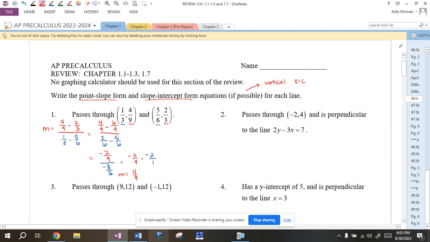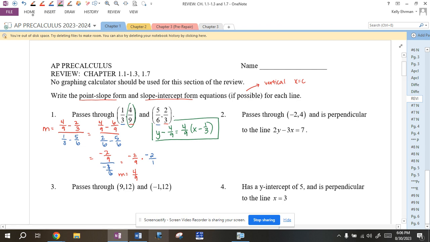And we need to write the point slope equation and the slope intercept form. So start with point slope form. That's y minus y1, pick any one, it doesn't really matter here. I'm just going to go with the first point, equals the slope times x minus x1. So this is point slope form.